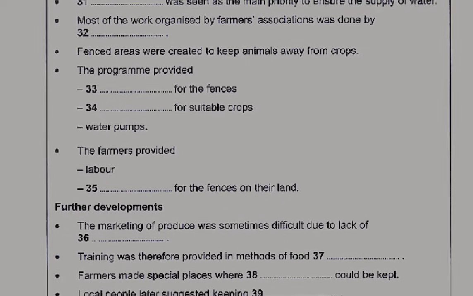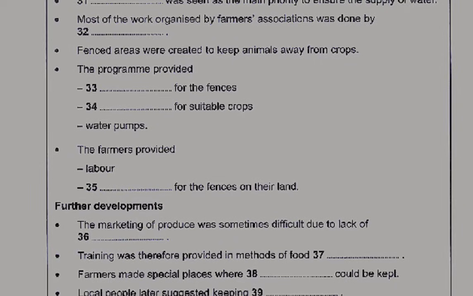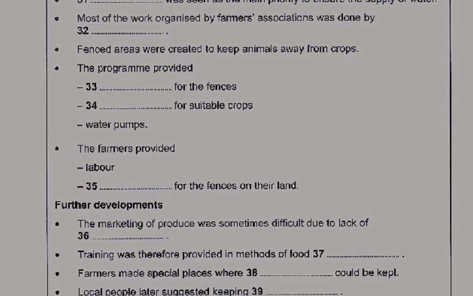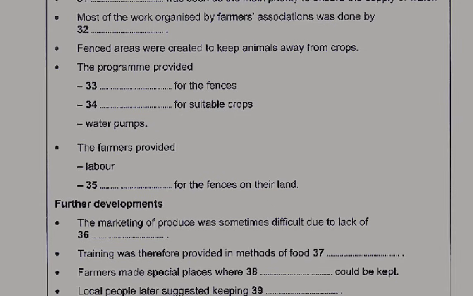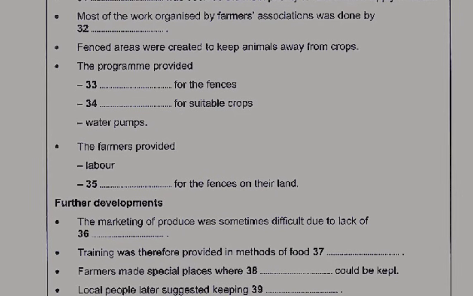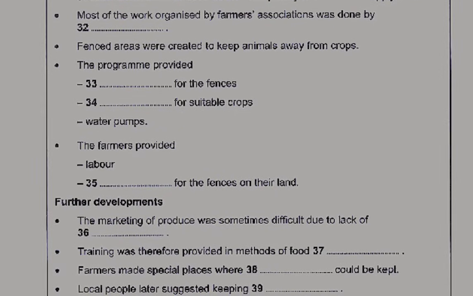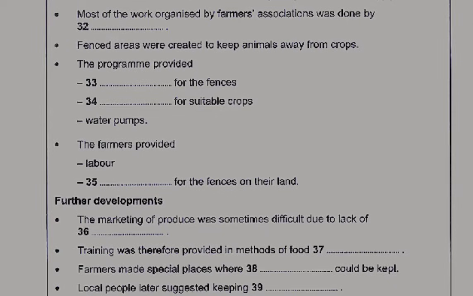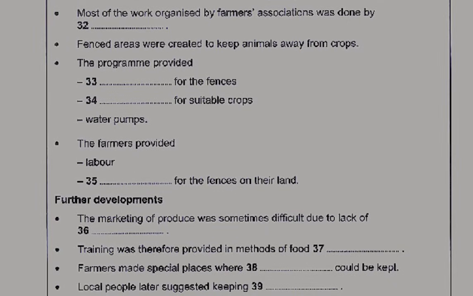This problem was discussed with the farmers' associations, and it was decided that in order to prevent food from being spoiled, the farmers needed to learn techniques for its preservation.